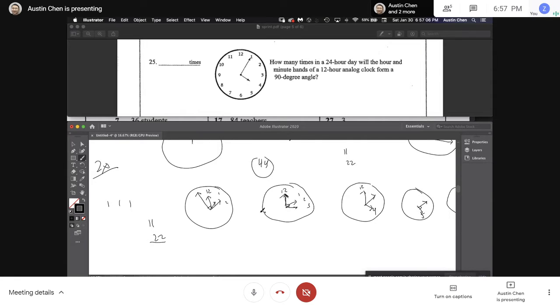So that'll be 24 for the 12 hours, and doubled that's 48, and then you would take away the ones like Austin said, like at 3 o'clock.